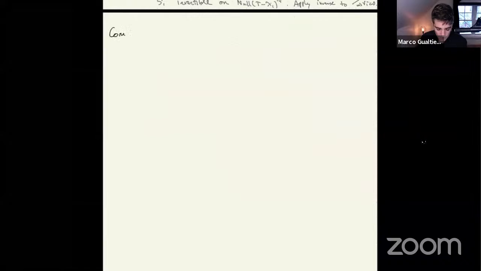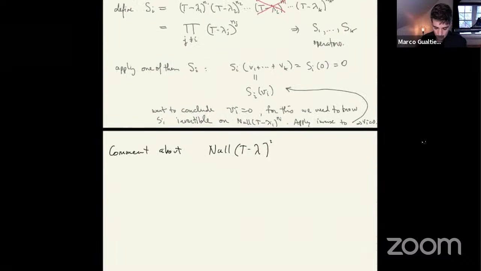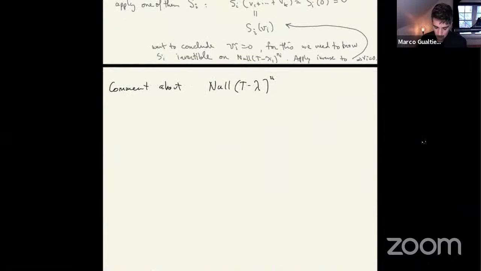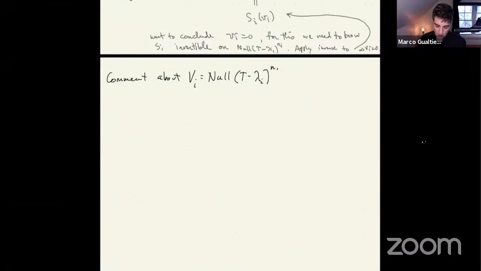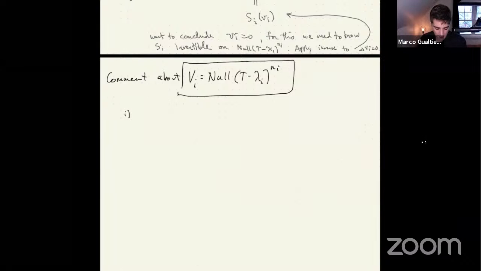A comment about the null space of (T minus lambda_i) to the n_i, or let's say the null space of (T minus lambda) to the n. So the first thing I want to observe about this is that it is an invariant subspace.